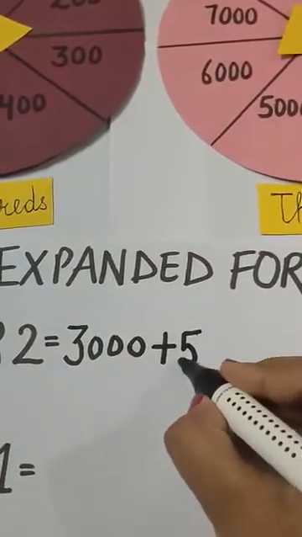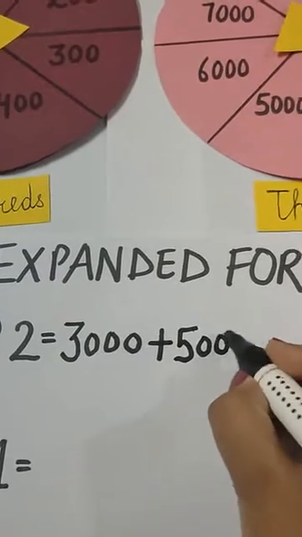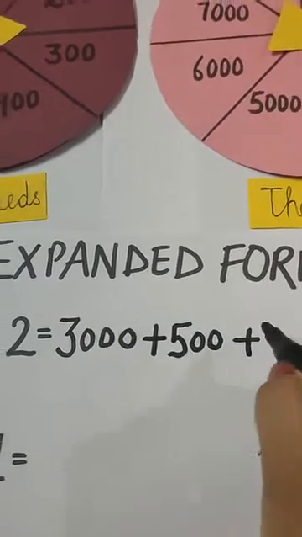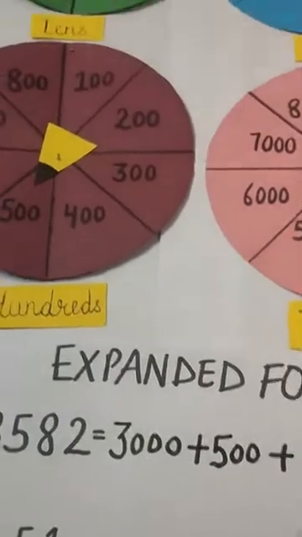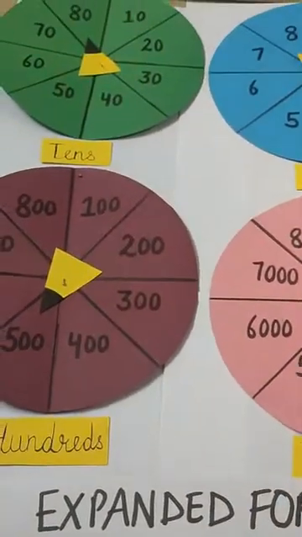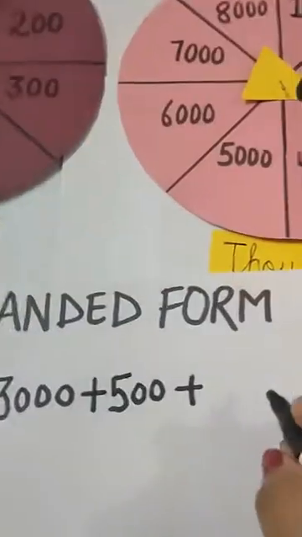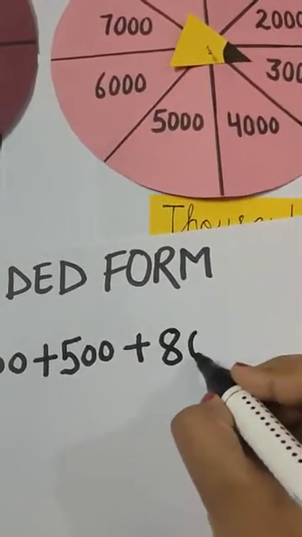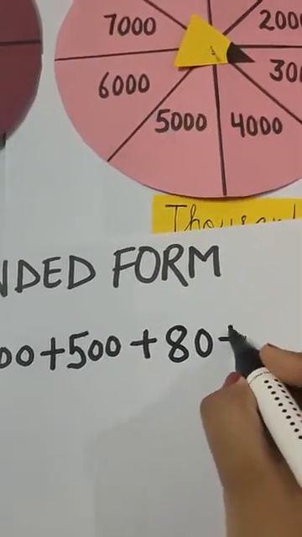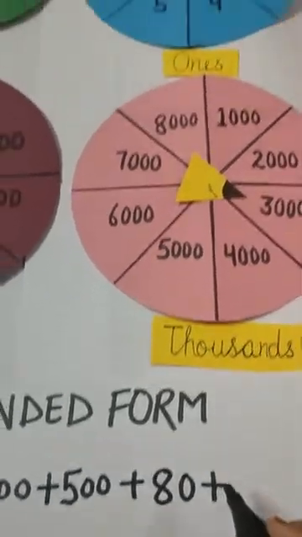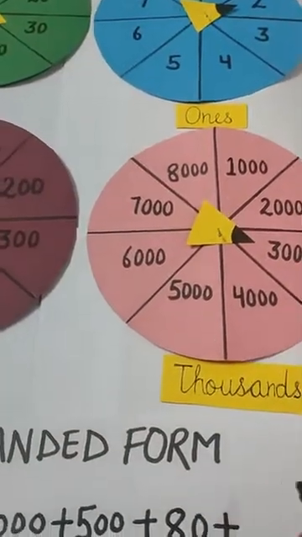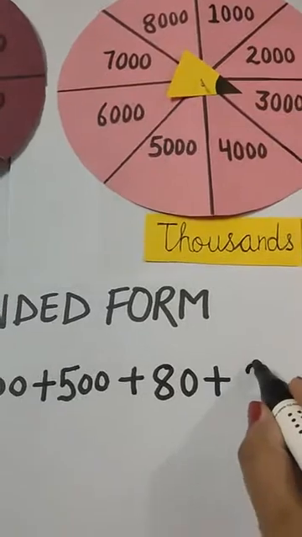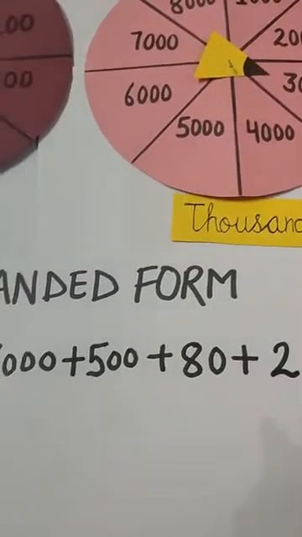So that is 500. Next we have plus tens. What is the tens digit? That is 80. So here I will write 80. And at the ones place we have 2. So here I will write only 2. So I think this is clear to all of you.